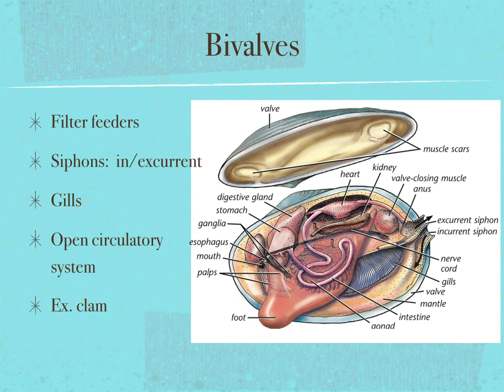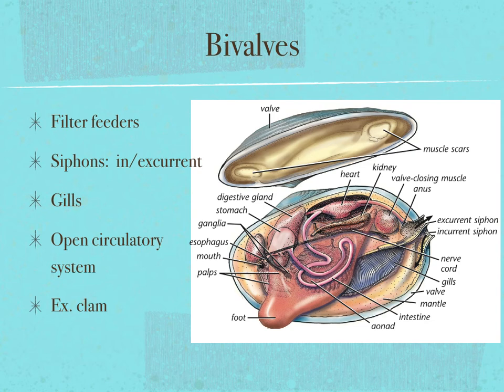Now the way a bivalve opens and closes its two shells is by using very strong muscles. They have muscles on either side, and they'll use those muscles to clamp their shell closed so that predators cannot have access to their visceral organs.